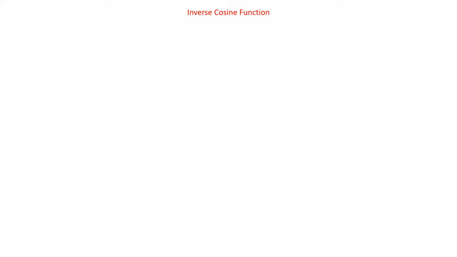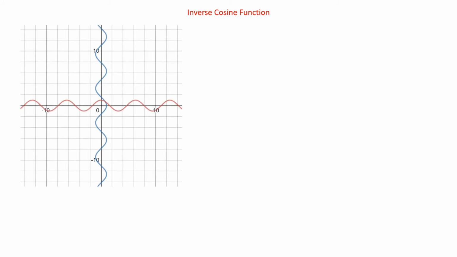Inverse cosine function. It's basically the same. So we can look at the cosine graph and then the inverse of the cosine graph. Now, the cosine goes from the minimum to the maximum all in the negatives, from -pi to 0.